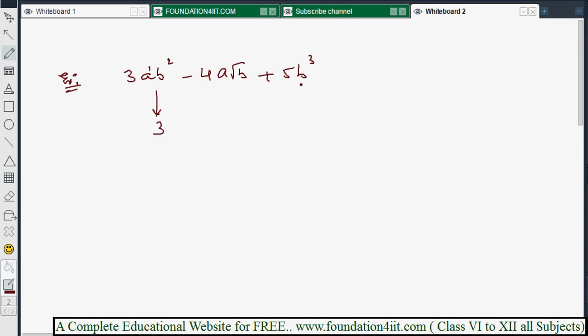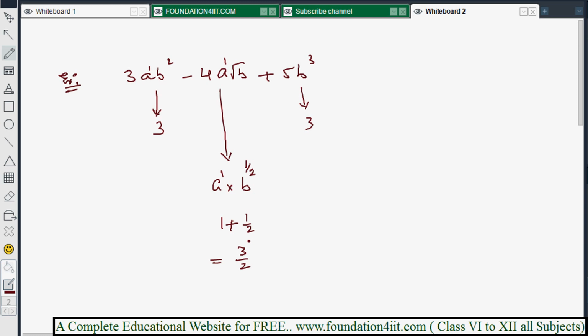The third term is b cube, so 3. But when you come to the middle term, it's a power 1, and b power root b, which you can write as b to the power 1 by 2. Square root is power 1 by 2. So 1 plus 1 by 2, that is 3 by 2. So it's a fraction now.